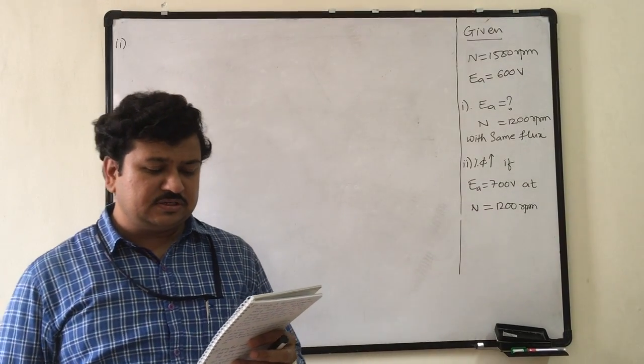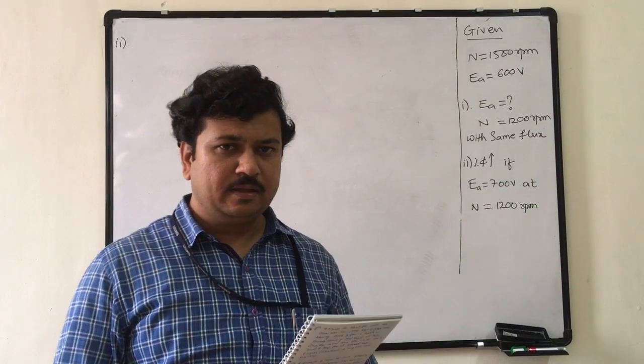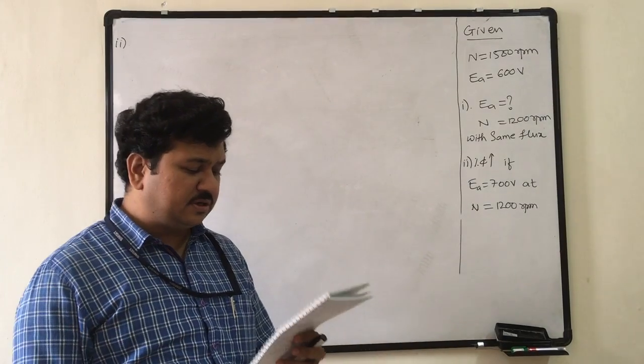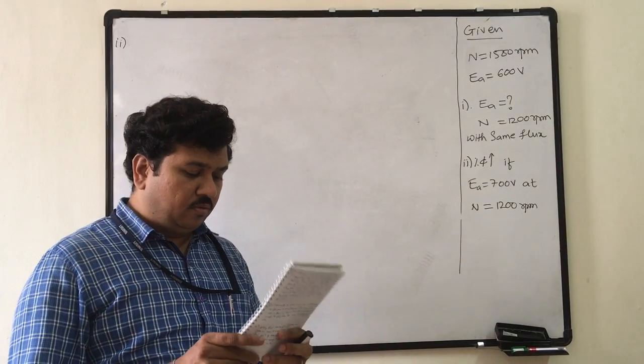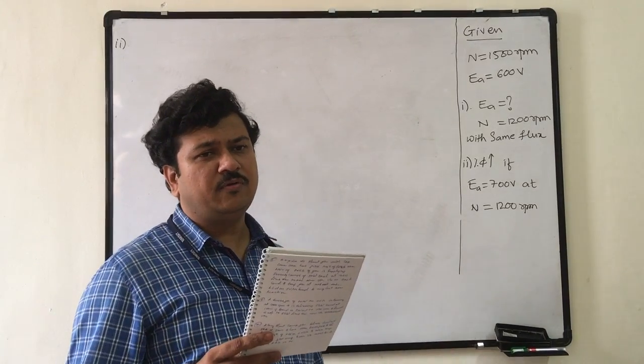The total flux is 0.04 Webers in the machine. What is the speed of armature to generate 240 volts?